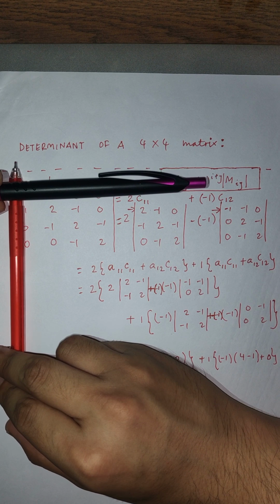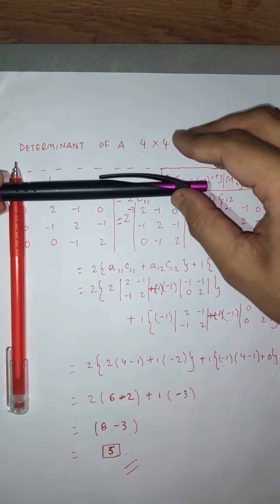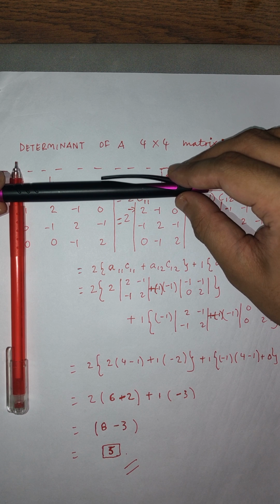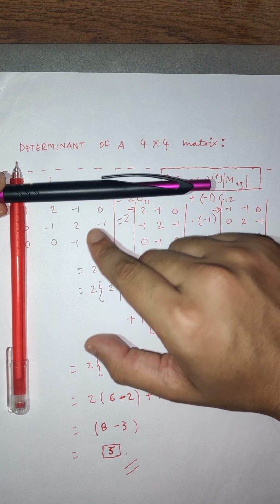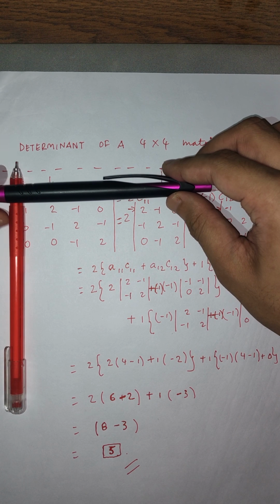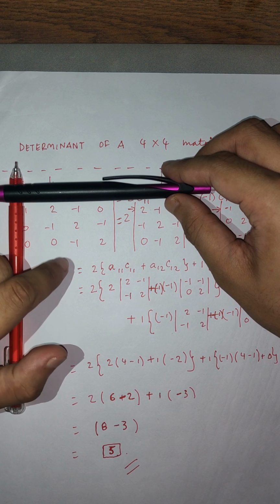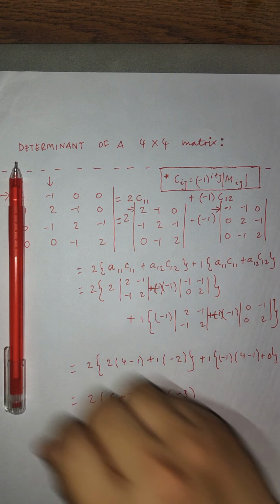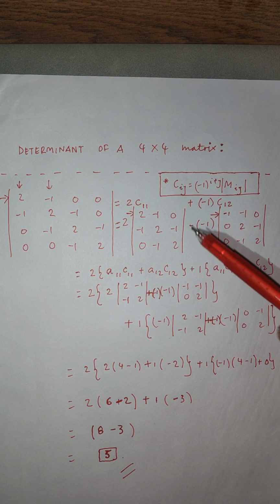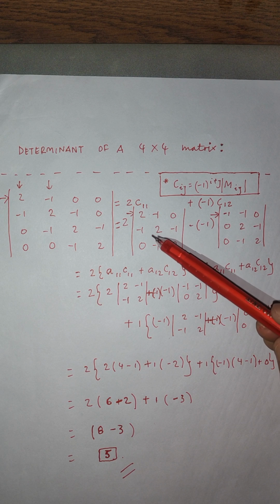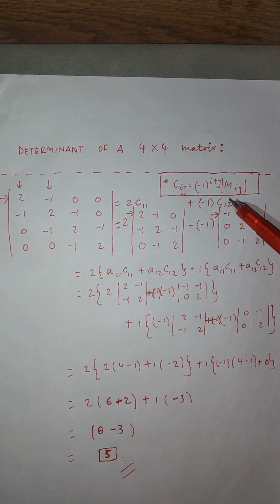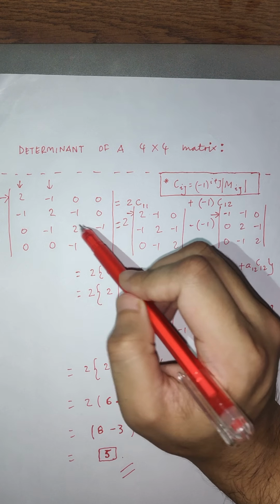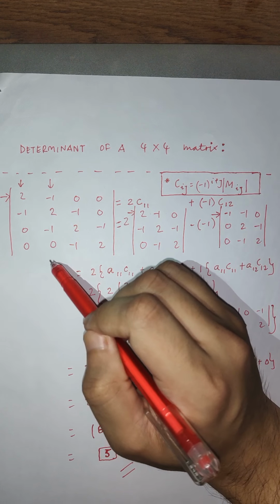What you see is this matrix, right? We have 2, -1, 0, and then -1, 2, -1, 0, -1, 2. That is exactly what I have right here. So M11 is 2, -1, 0, -1, 2, -1, 0, -1, 2.